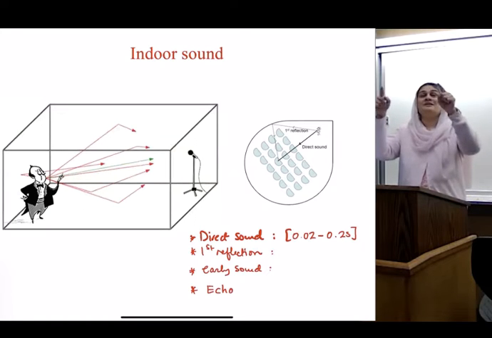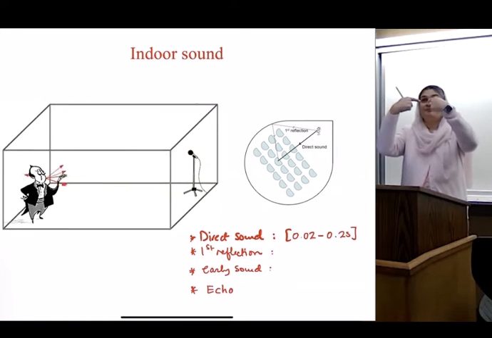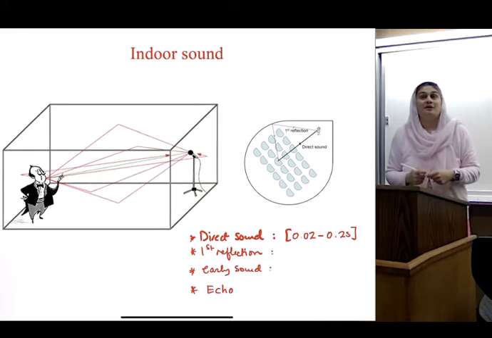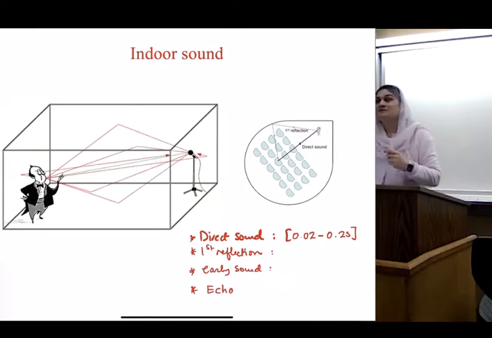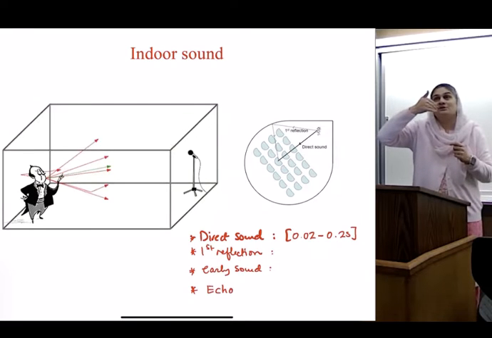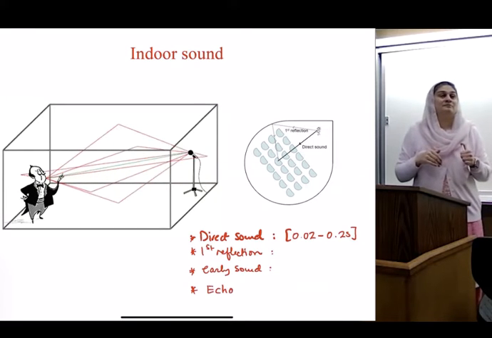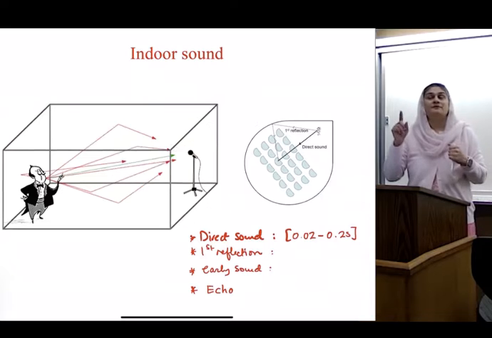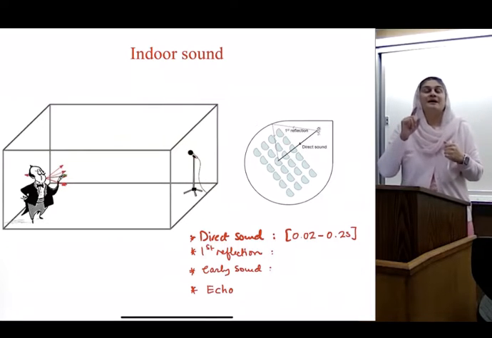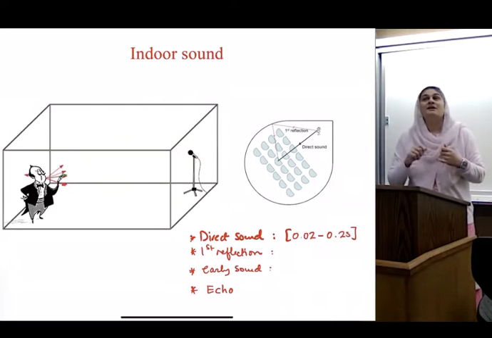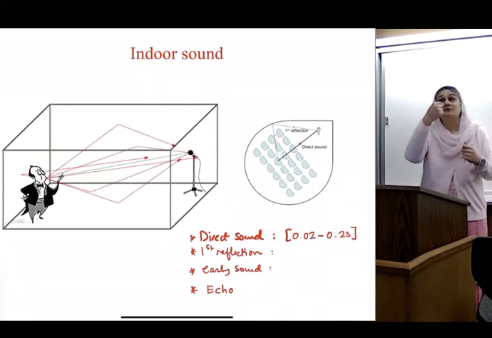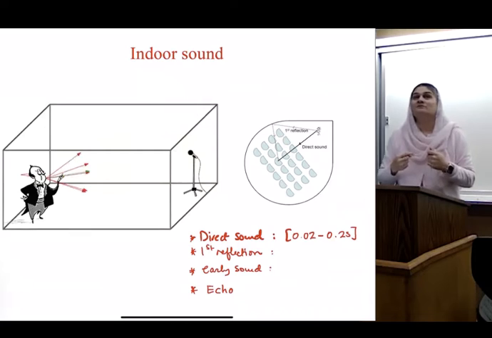But there's also a sound that reaches me, and that's part of echo. If there is a reflection, how much of it is coming back to the source? That's called an echo. So after the first reflection, if the sound reaches the audience, it's called early sound. If the sound reflects back towards the source, it's called an echo. Got it?